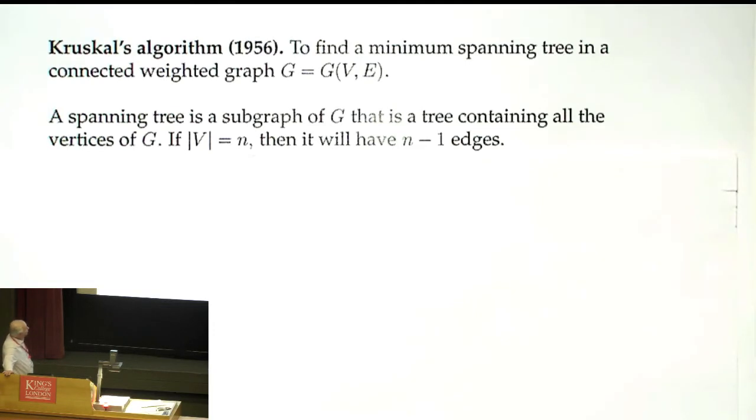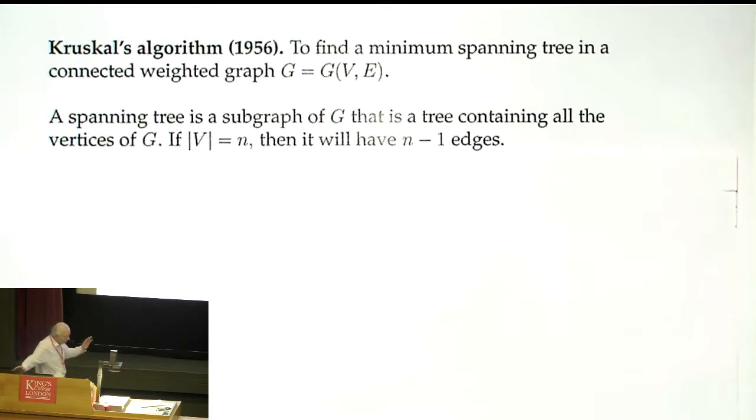So it's a subgraph that is a tree, because there are no cycles, and a tree, remember, is a connected graph with no cycles. So it has to connect all the vertices, not just cover them, and there must be no cycles. So all the vertices of G are included, and typically some of the edges.